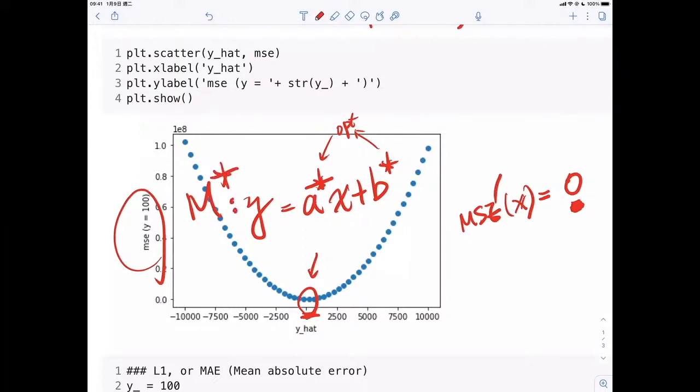M star has two parameters, A star and B star. They use A star and B star to describe a line, and this line has the minimum MSE value, because you can differentiate the MSE value to figure out which A star and B star can make this value very, very small when you apply training data.